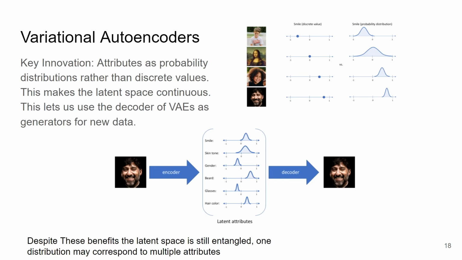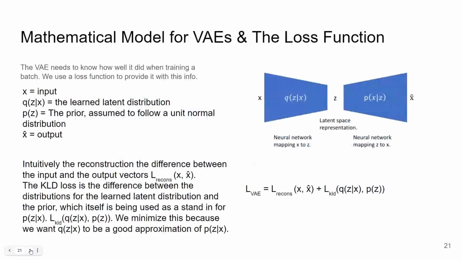So we want the faces to match up as perfectly as possible. That is called the reconstruction loss, because ideally we're reconstructing the input from the output. The worse we reconstruct, the higher our reconstruction loss. We want to minimize the reconstruction loss. That's how normal autoencoders work.